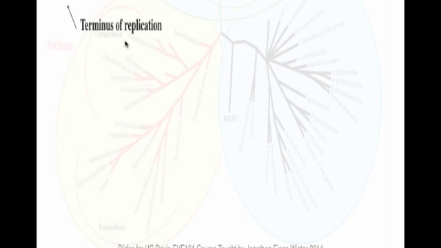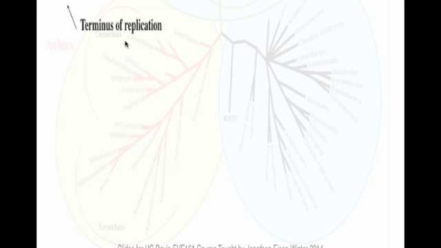And the copying process starts at this origin. Remember, this is double-stranded DNA. And the cell will actually copy in both directions from this origin of replication and start copying the genome.